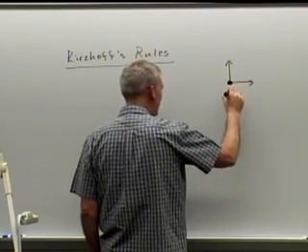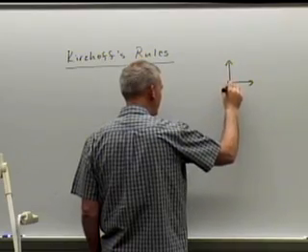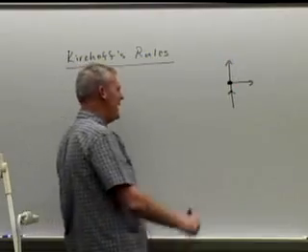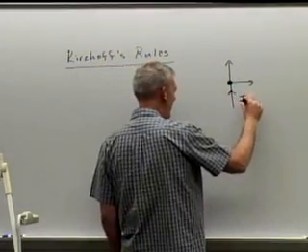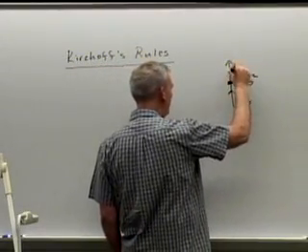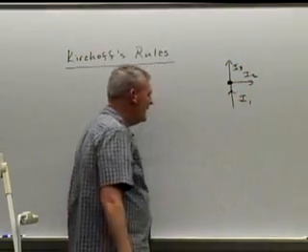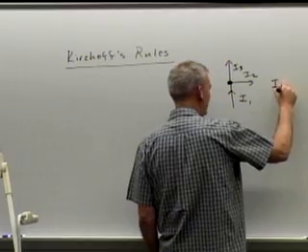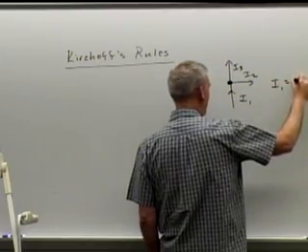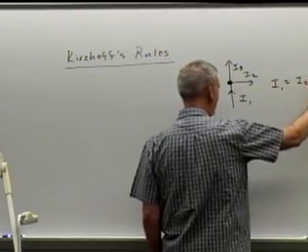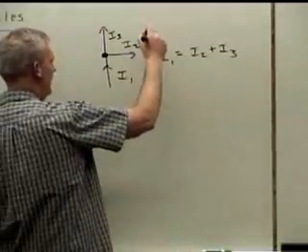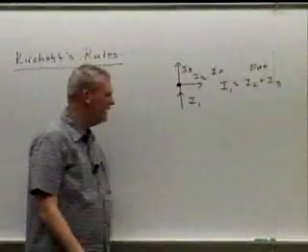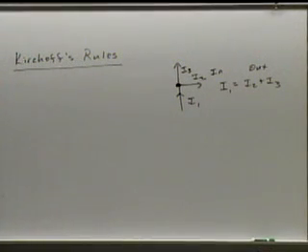Right here at this junction, let's say we've got current I1 coming in, this is I2, and I3. So therefore, I1 equals I2 plus I3. And the reason for that is what goes in is equal to what's coming out, at a junction.